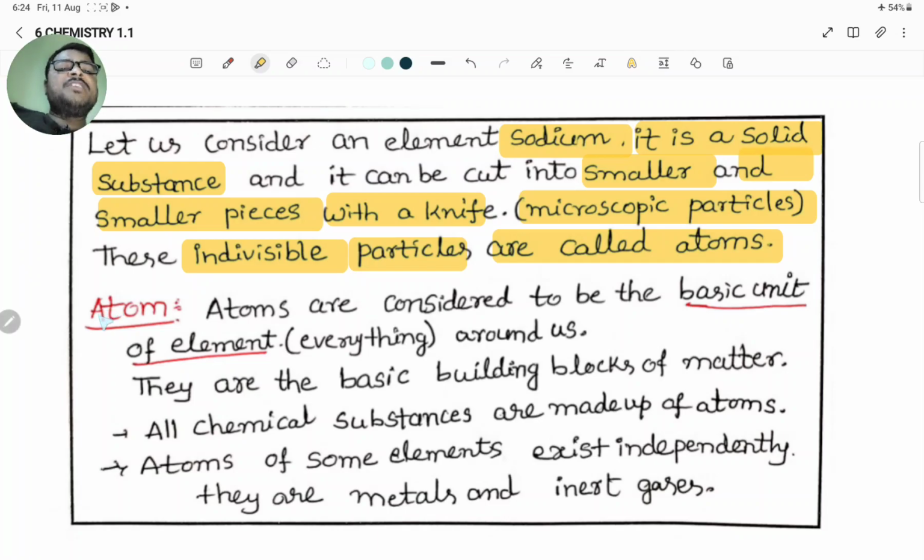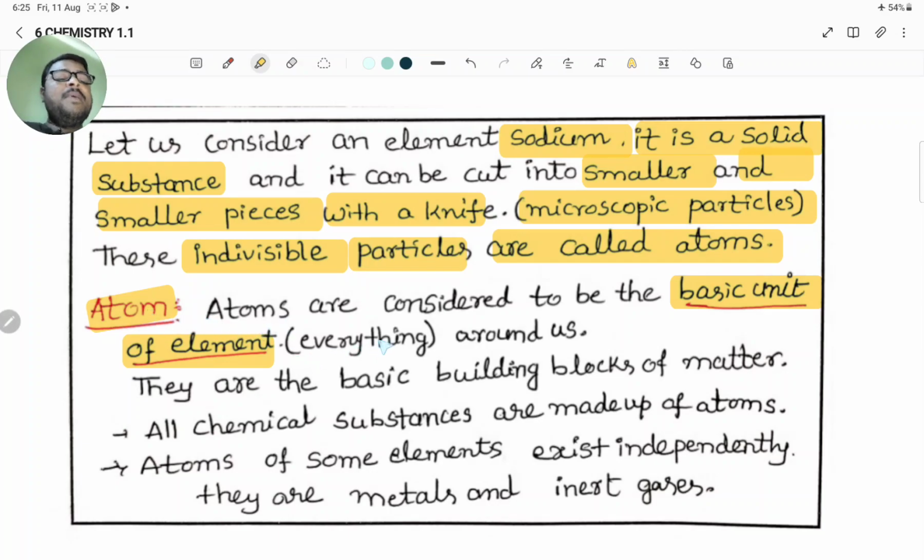Now what is the definition of atom? Atoms are considered to be the basic unit of an element and the smallest particle of an element. Atom is the basic unit of matter, of compounds, of substances, of everything around us.